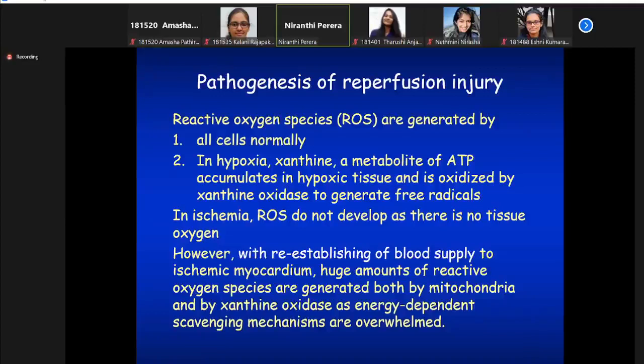As they are energy dependent, your scavenging mechanisms are overwhelmed. Your scavenging mechanisms can manage regular things, but now this is a large area, it can't manage, and therefore a huge amount of reactive oxygen species are generated.